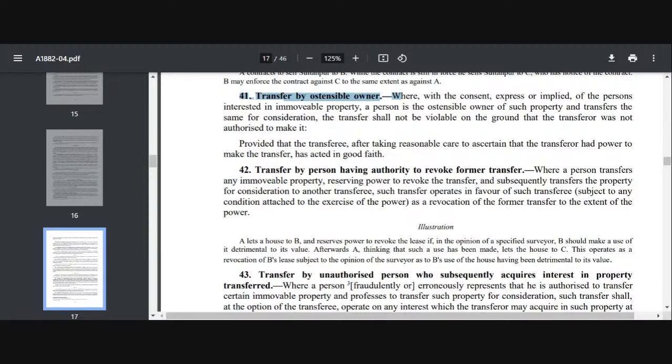Ostensible owner, what do you mean by ostensible? An ostensible owner is a person who is apparently the owner, right? Who is an ostensible owner? Student, anyone who knows what you mean by the term ostensible? Tell me, what do you mean by the term ostensible?